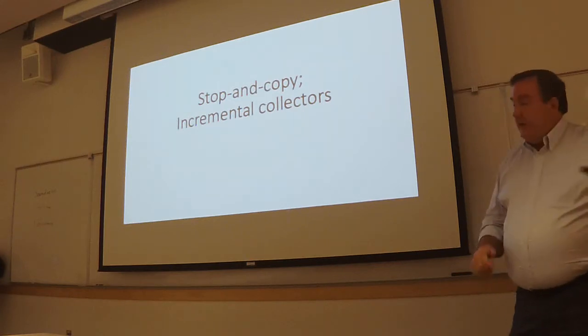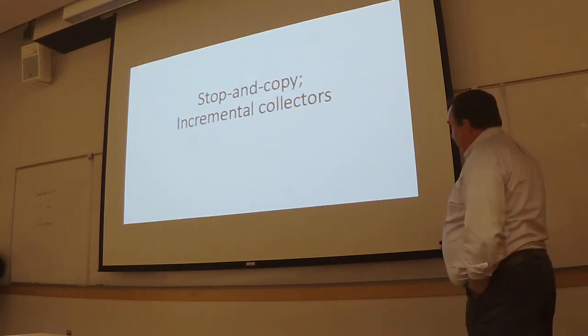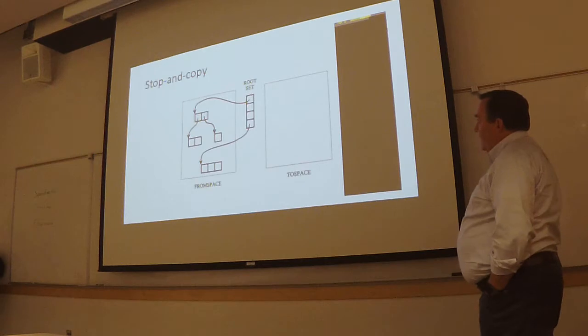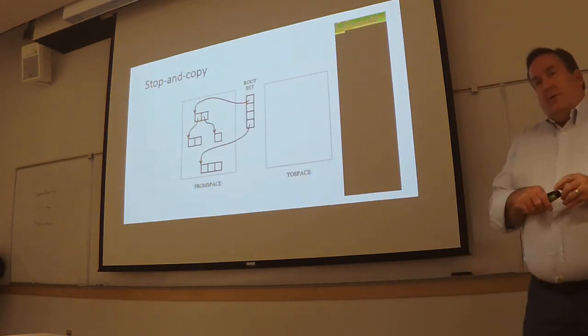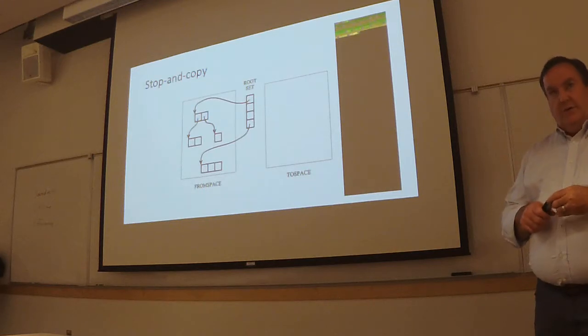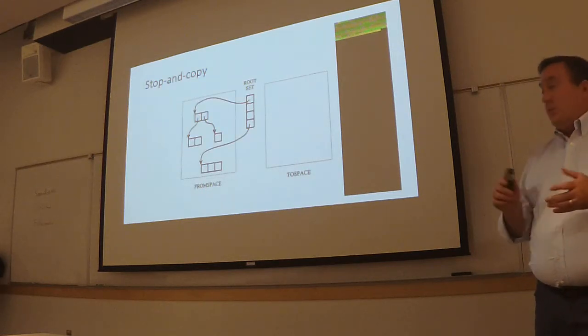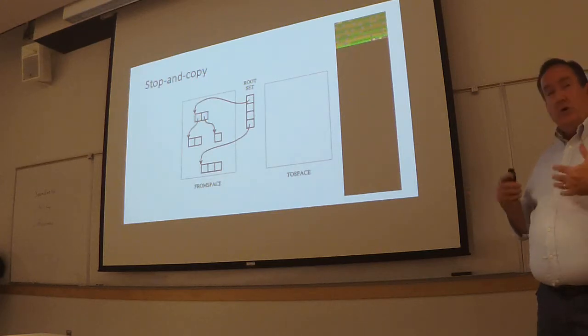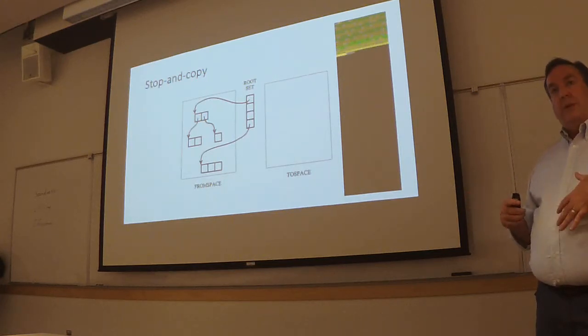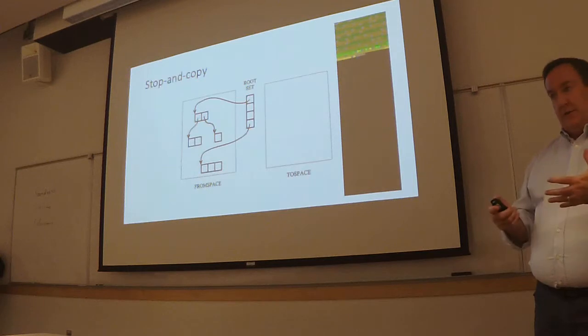Now we don't necessarily have a second heap, but there's a lot of different ways you can do this. One is, we're going to literally think of two heaps, where during collection we copy from one to the other.